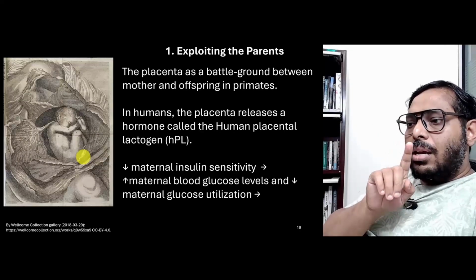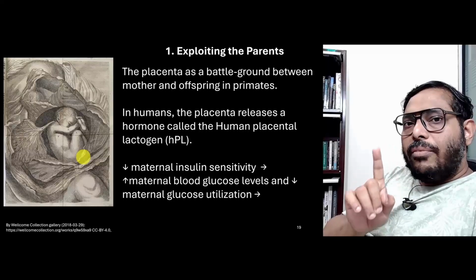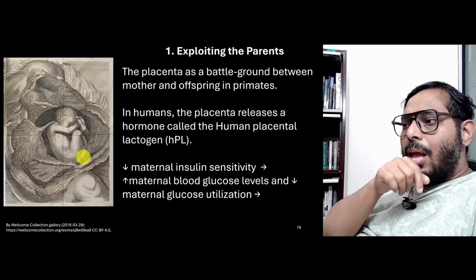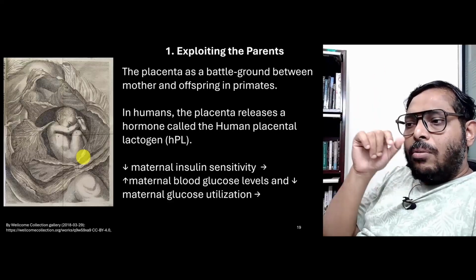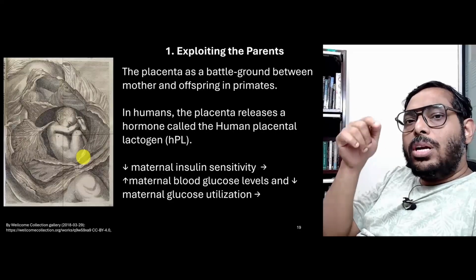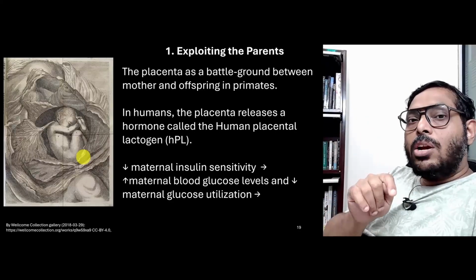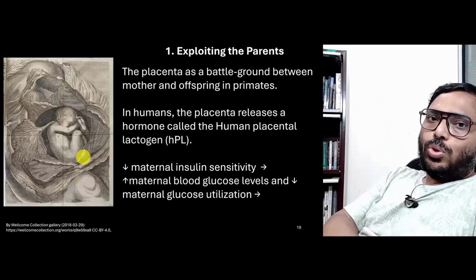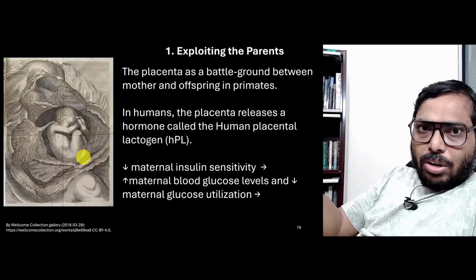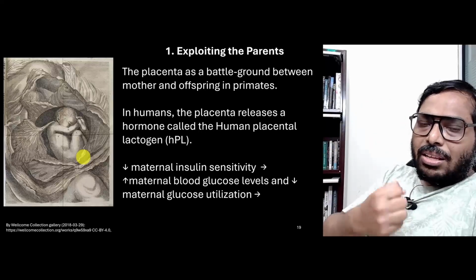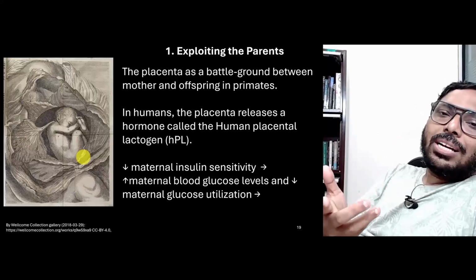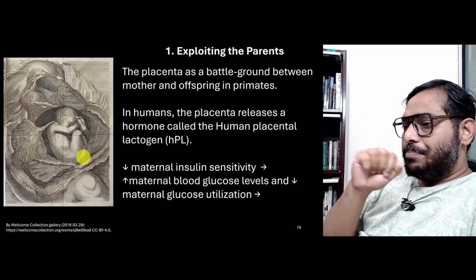As a result, the maternal blood glucose level is going to go up. And not only that, HPL also reduces the mother's ability to use the same glucose, because if the glucose is not being absorbed inside the cells, the mother is not even using the glucose that she is producing or having.